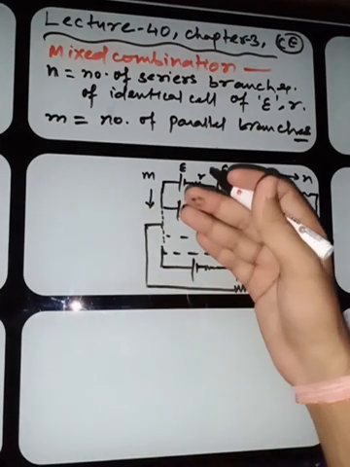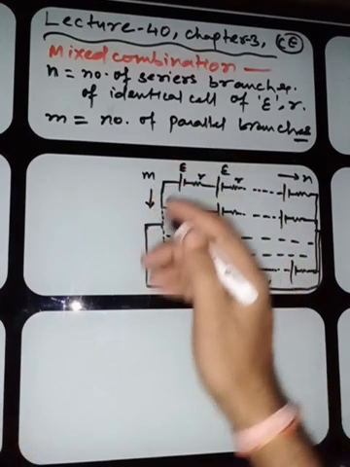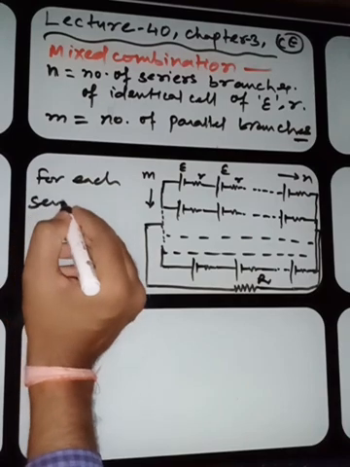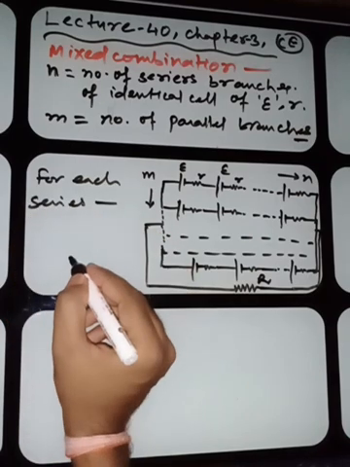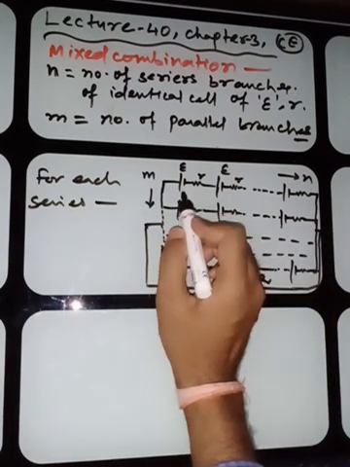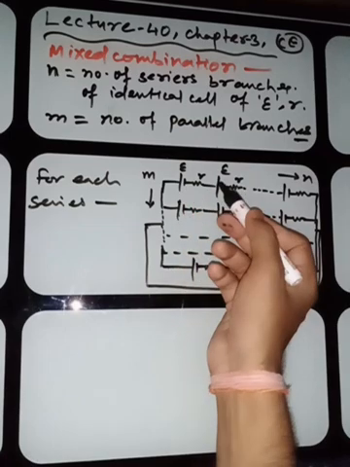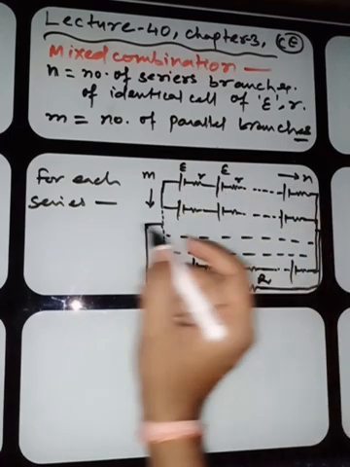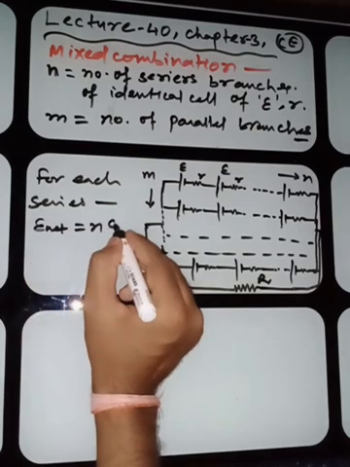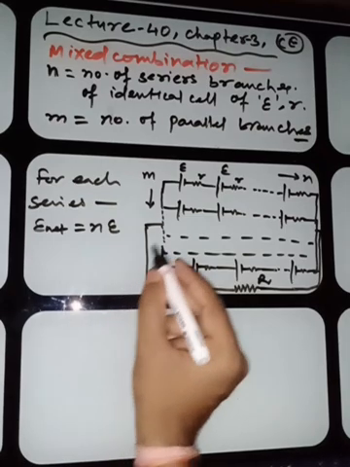Now remember, students, for each series branch, what will be the EMF? If there are 2 cells, then we can write 2E, but here n cells are connected, so the net EMF will be n times E. And what will be the equivalent internal resistance?